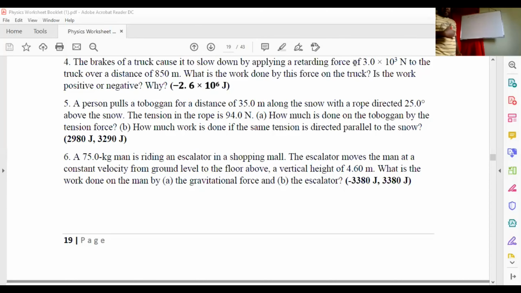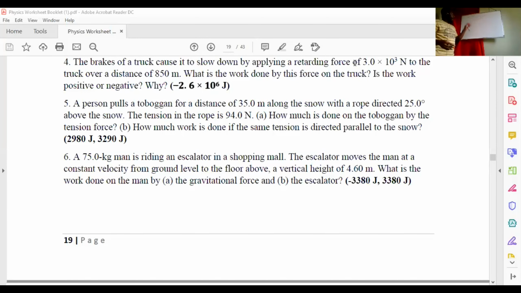Now, because it says it's a retarding force, that is basically an opposing force on objects, right? And any opposing force is normally in the opposite direction, which is negative. So when we multiply that, we get negative 2.6 times 10 to the 6 joules.